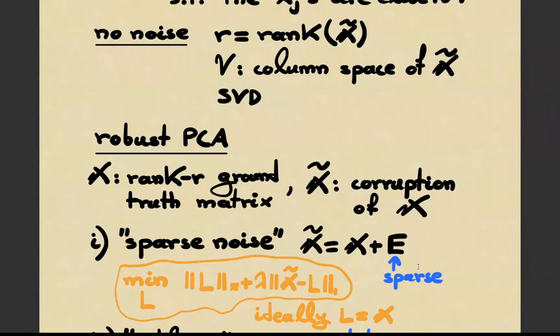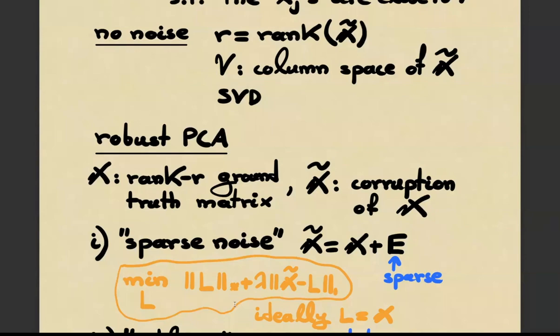And a typical way to try to extract X from X tilde, or the column space of X from X tilde, is to solve this convex optimization problem that I have in orange color, which says I'm going to minimize the nuclear norm of a matrix L plus another term, which is the difference of L from X tilde, and I place this term inside the one norm. So I want this to be sparse.